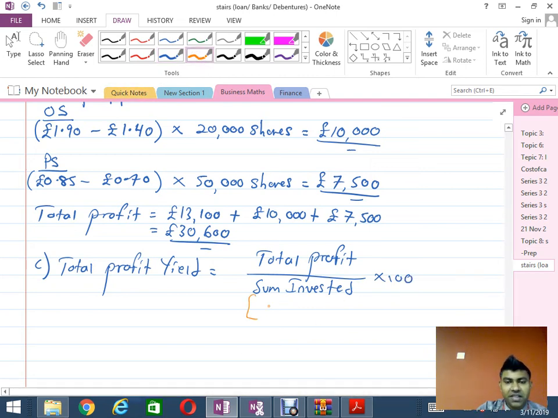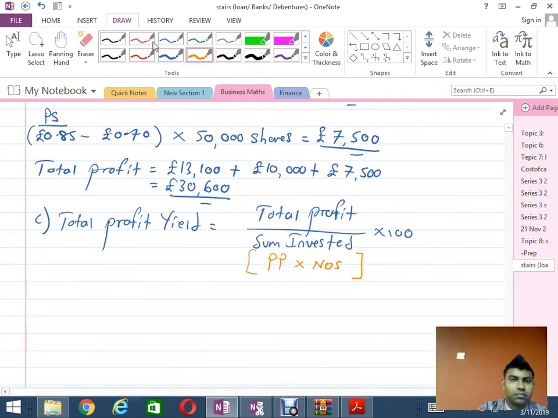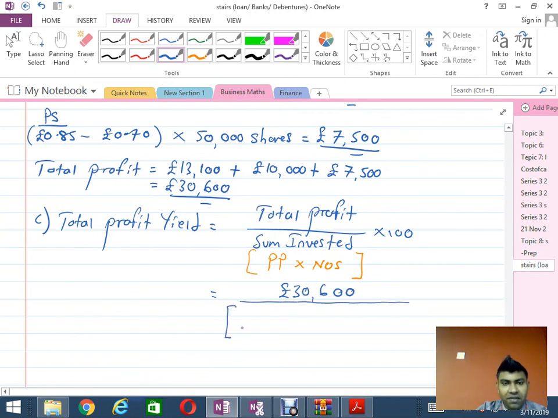Your sum invested formula is purchase price times number of shares. Total profit we already have, 30,600, correct? Now you need to calculate the sum invested.